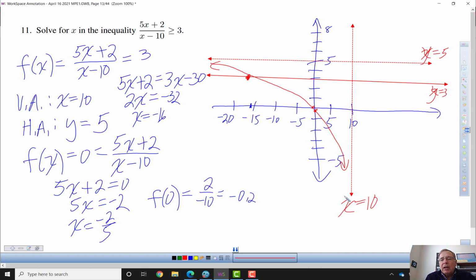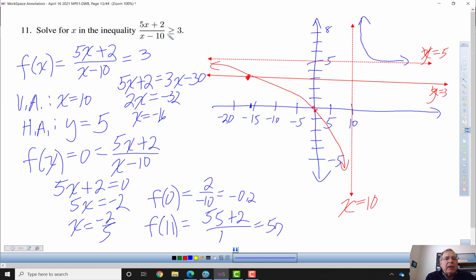And then I'm going to head toward the vertical asymptote. And if we do f at 11, that's going to be 55 plus 2 over 11 minus 10, which is 1, so 57. So it's going to be way up here, so we're going to be coming down like that.